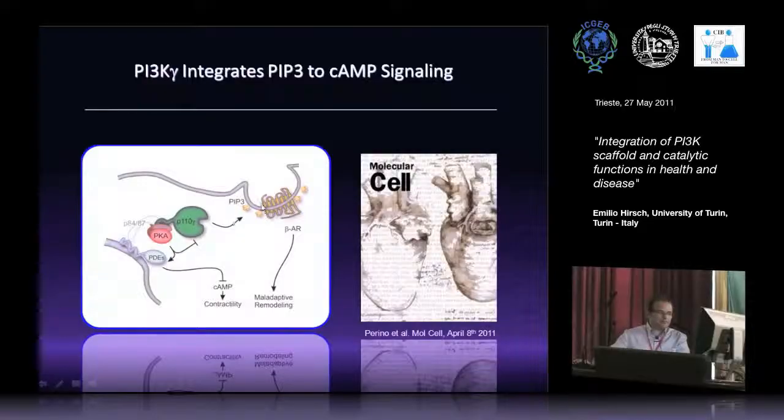This pathway, the PIP3 pathway, is somehow connected to adrenergic receptor internalization, and we think that if we can block the catalytic activity of PI3 kinase gamma in a selective way, then of course we might protect the hearts from maladaptive remodeling and failure. And this is part of the story I told you just came up in Molecular Cell, and we got the cover as you see there.